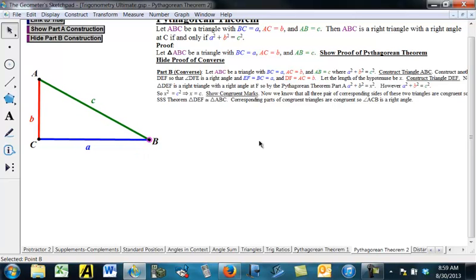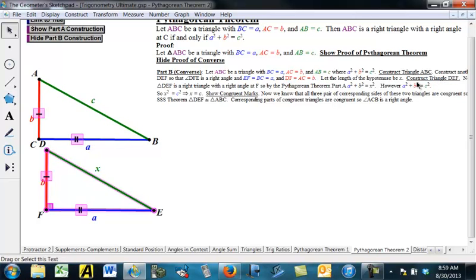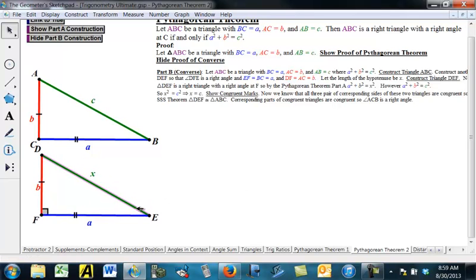Okay, so what I'm going to do is construct another triangle. I'm going to construct it so that side DF is the same as AC, it's length B. And I'm also going to construct it so that the two blue sides, CD and FE, are congruent, and they both have length A.